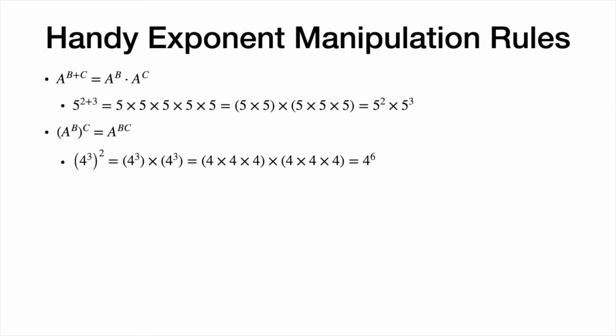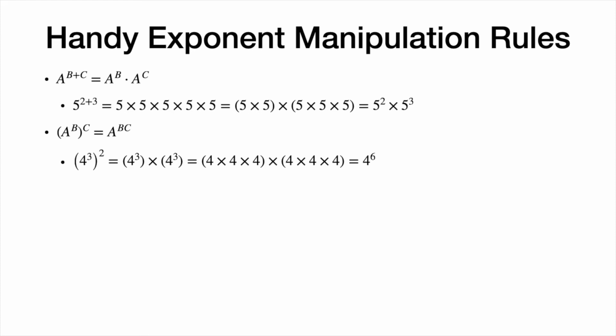Whatever your a is, a raised to the b plus c power is equal to a raised to the b power times a raised to the c power. Okay. So another rule: a to the b raised to the c power is equal to a raised to the b times c power. So to see this, let's take 4 to the third and raise it to the second power.